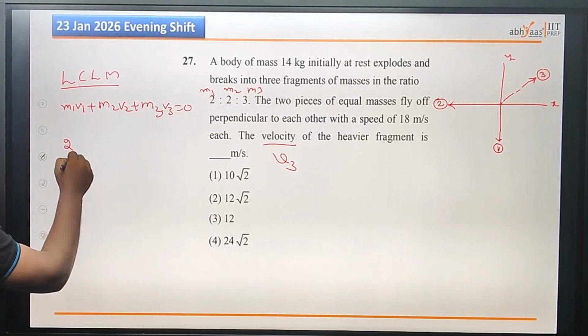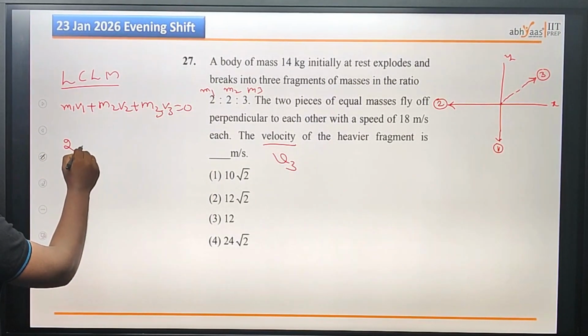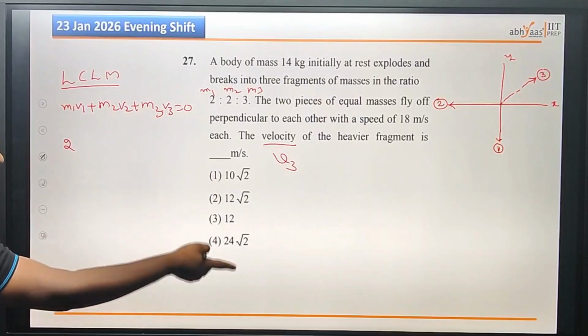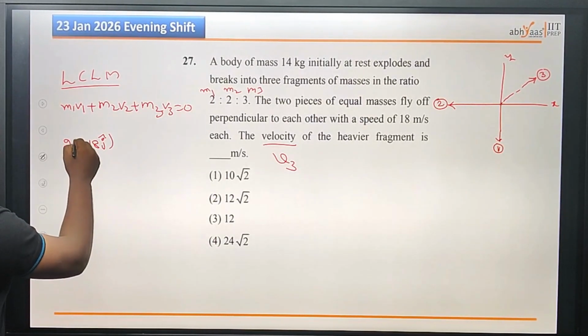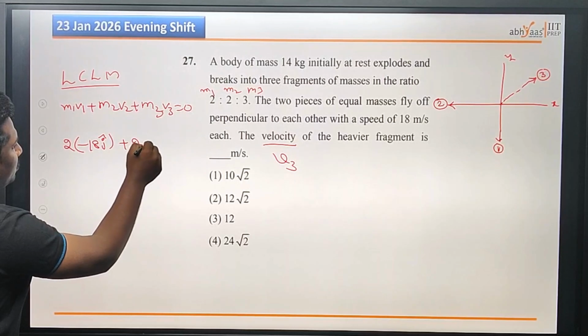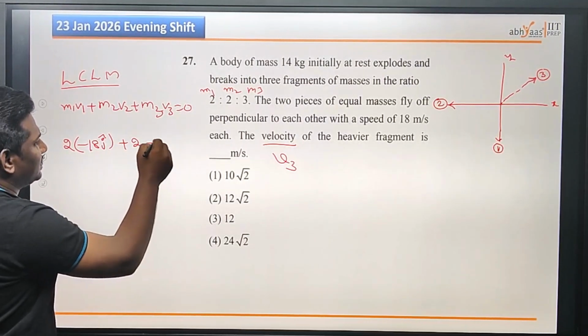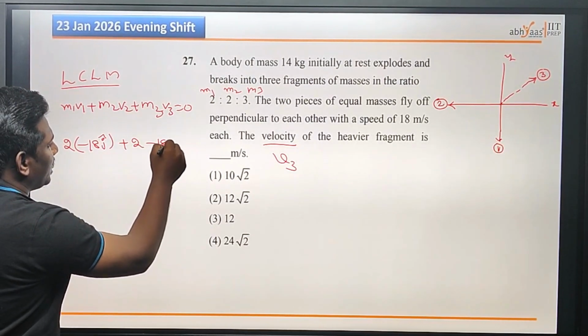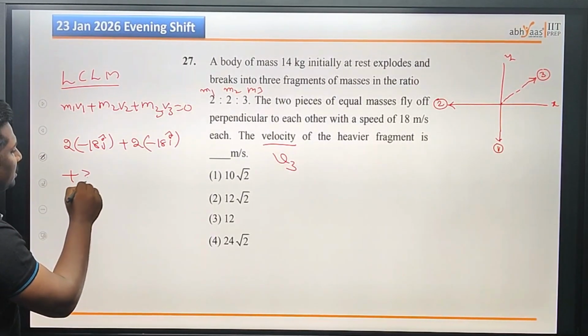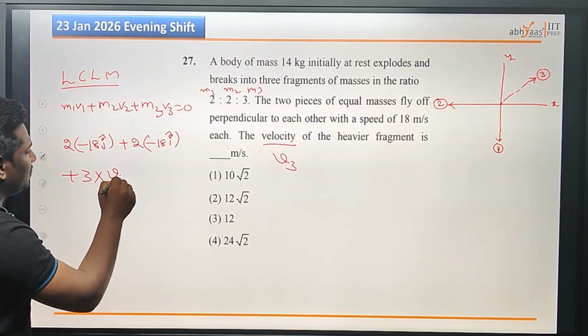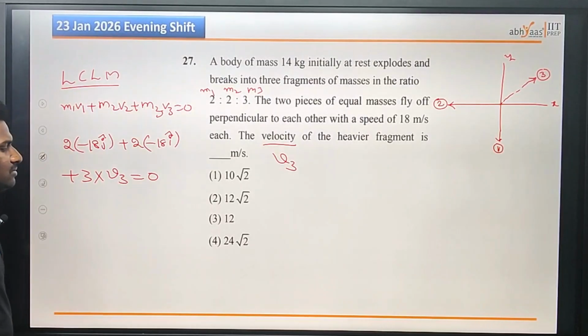M1, 2 into, what is the velocity? Minus, what is the M1? Downward, minus j cap, plus 2 into minus x direction, minus 18 i cap, plus M3, that is nothing but 3 into V3, equal to 0.